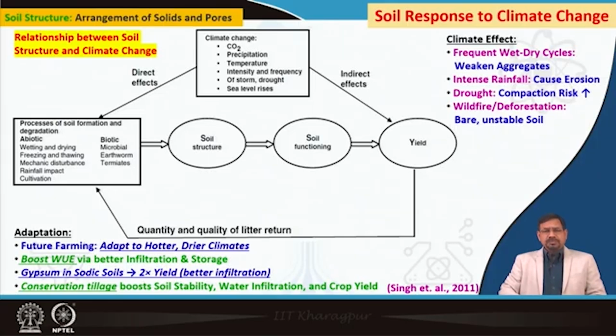Many of these advanced countries have started adopting this, practicing this in terms of covering the upper soil with polythene coated sheets. So this helps in retaining the water or moisture level, in terms of water infiltration, and thereby boosts the crop yield. So this relationship between soil structure and climate change was published by Singh et al. long back in 2011.